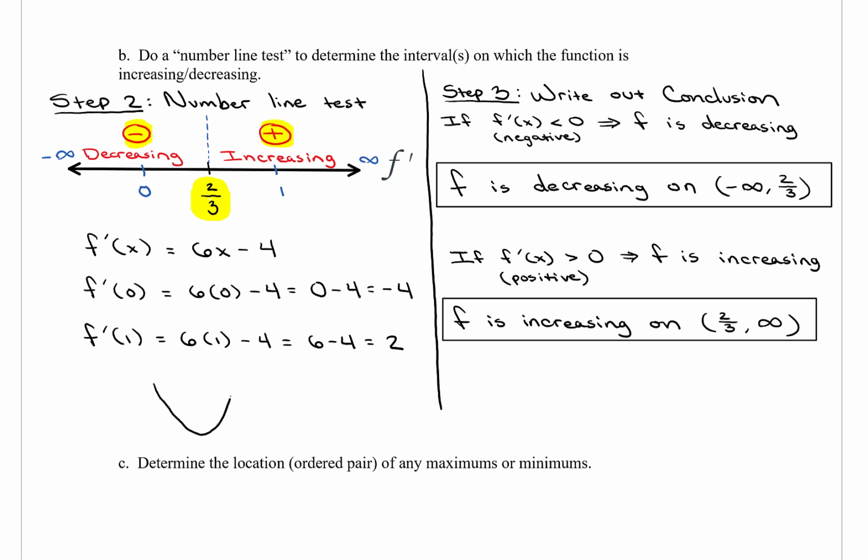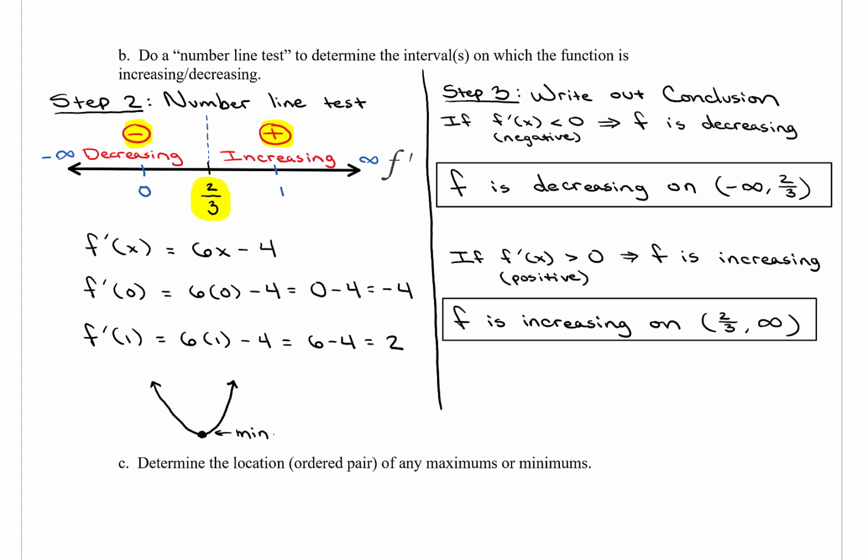I'm going to draw something that looks like a parabola, and I'm going to draw a point at the bottom where the vertex should be, and I'm going to draw an arrow pointing at that, and write down the word min next to it to represent that this is a relative minimum.